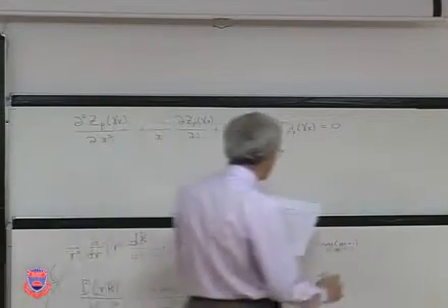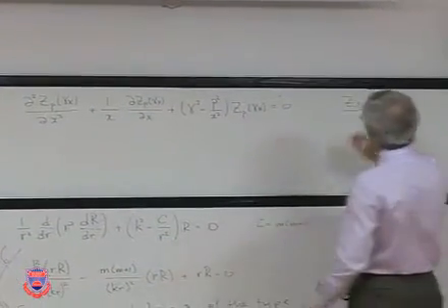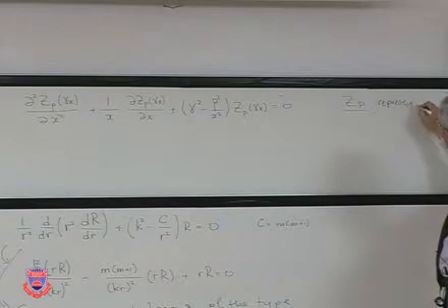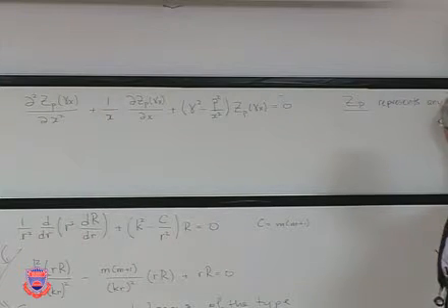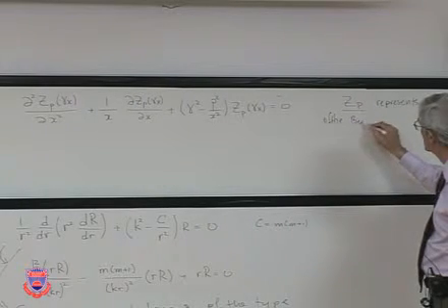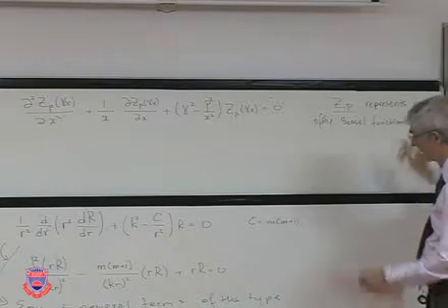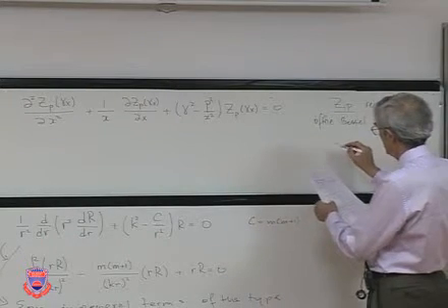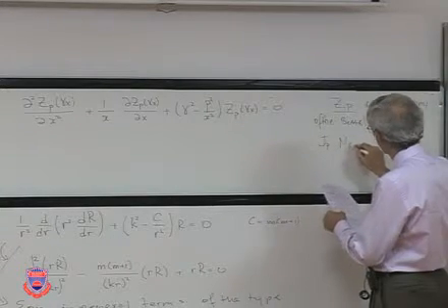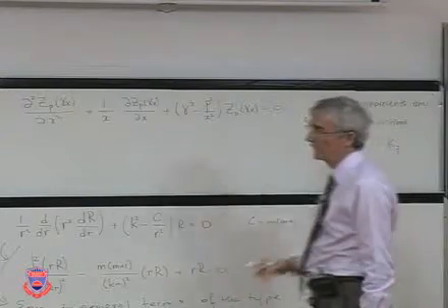Now, Cp represents any of the Bessel functions: first kind, second kind, Hankel functions, and modified Hankel functions.